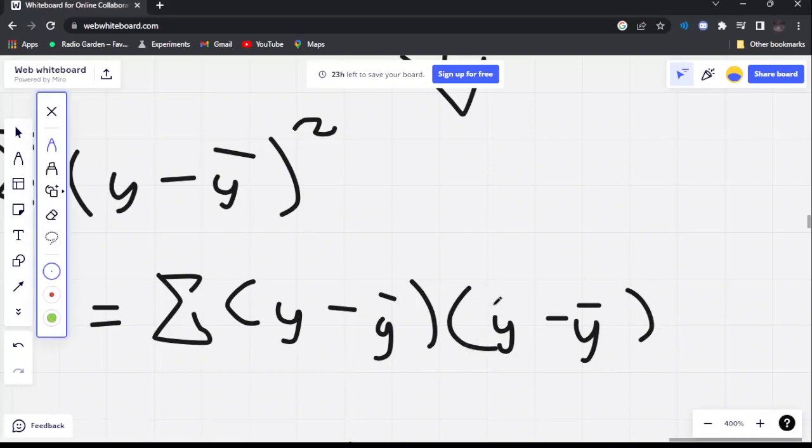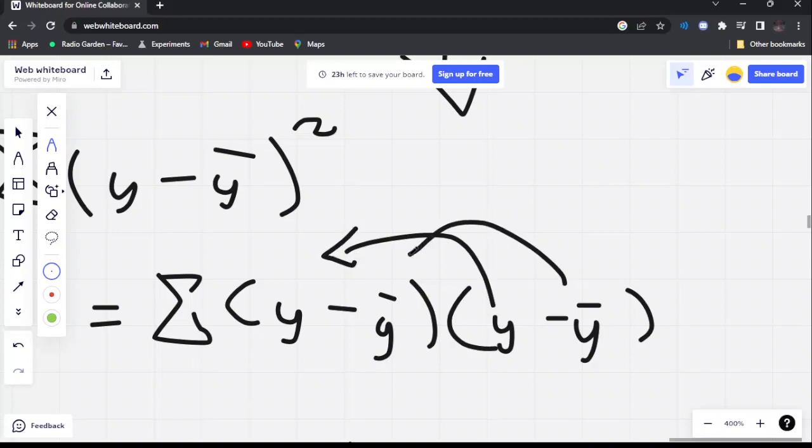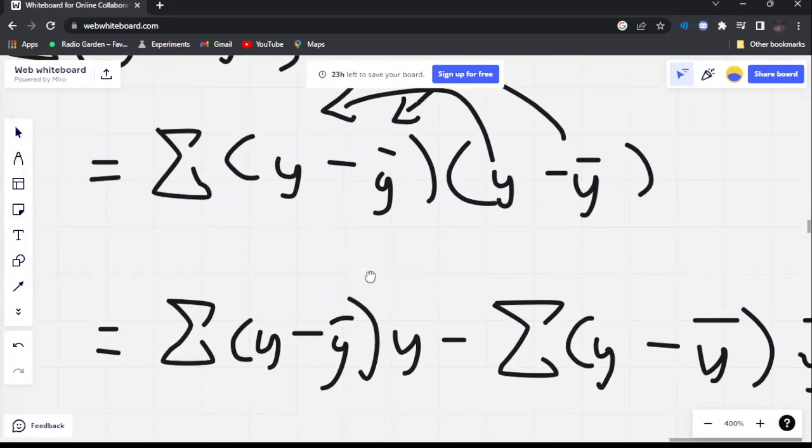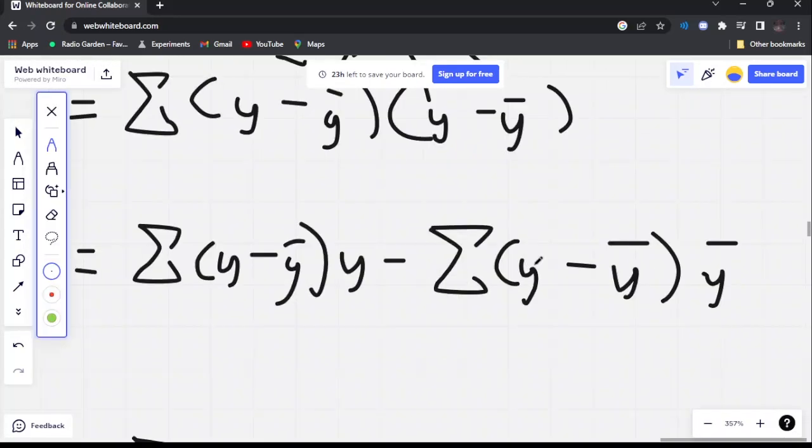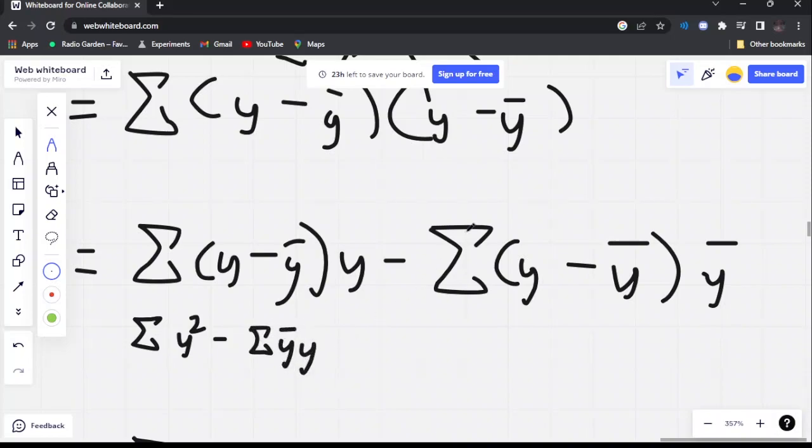Now we need to distribute our y's and also our y bar to y minus y bar. So it would look like this. Same thing goes for the y's here. We would distribute y, so we would get summation of y squared minus summation of y bar times y.